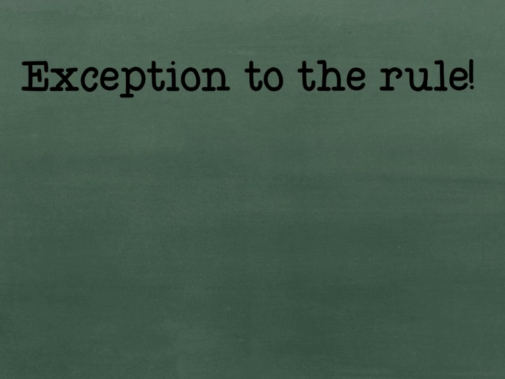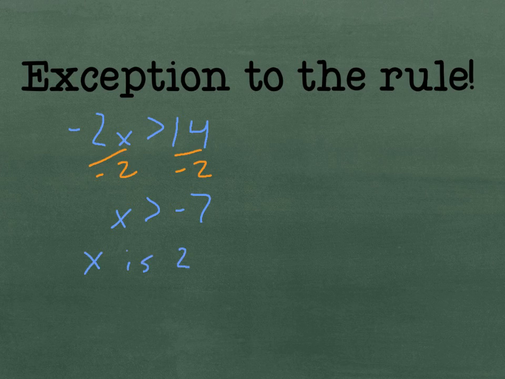There is one exception to the rule, and that has to do with multiplying or dividing by a negative. So, if I have negative 2x is greater than 14, I know that my job says I have to divide by negative 2 on both sides, which would tell me that x is greater than negative 7. Well, think about that. If x is greater than negative 7, then maybe x is positive 2.